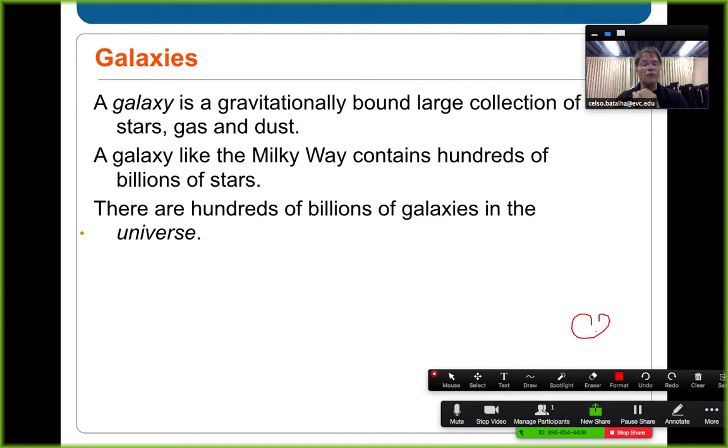They have gravitational interaction. So they are bound in the sense that the smaller galaxies that orbit our Milky Way and Andromeda are called satellite galaxies. In no time, they will be part of a major system consisting primarily of these two major galaxies.